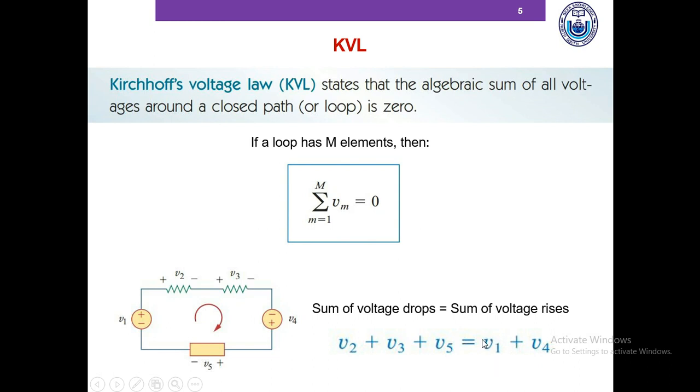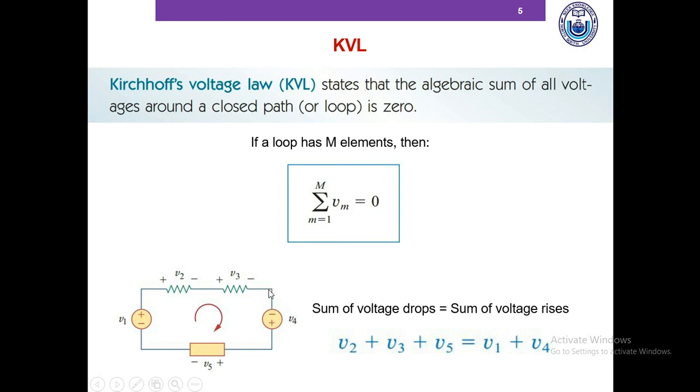So we just note here V1 voltage rise, and if we assume this is plus and this is minus, this polarity of this resistor, as we go anti-clockwise, we go from higher potential to lower potential, which is why V2 is a voltage drop. So that's why we write V2 here. Again, as we go from the positive terminal to the negative terminal of V3, we go from higher potential to lower potential, and that's why this is a voltage drop, and that's why we write V3 on the side of voltage drop.